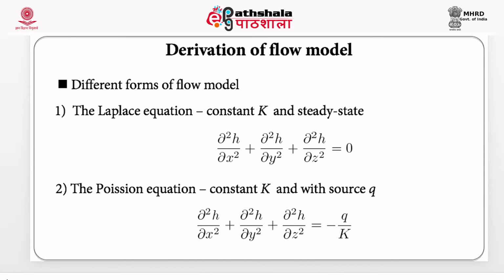The first boundary condition, also called the first kind, is the one in which heads are specified at different x, y and z. The second boundary condition, also called the second kind, is the type in which the head gradient is specified, that is dh by dx or dh by dy is specified.